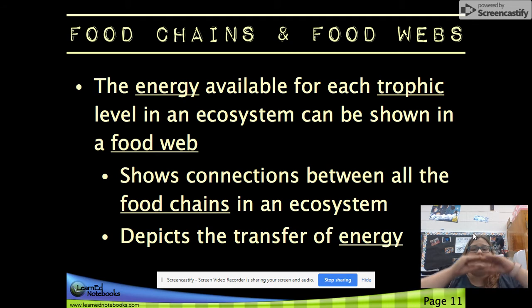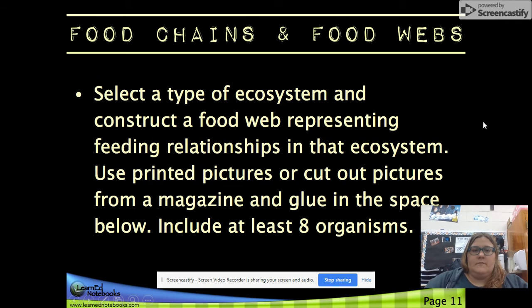So you're like, here's a food chain, here's a food chain, here's a food chain. Well, how do they all connect? And remember, arrows show you how the energy is transferring. So producers are giving their energy to the herbivores, herbivores are giving their energy to carnivores, and so on and so forth. So this is what it tells you to do.